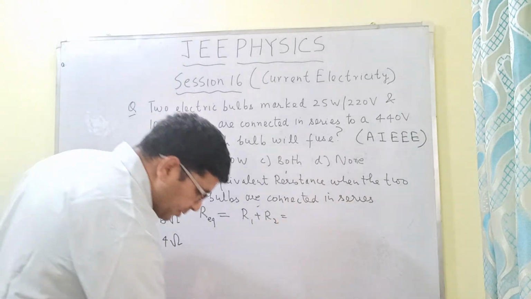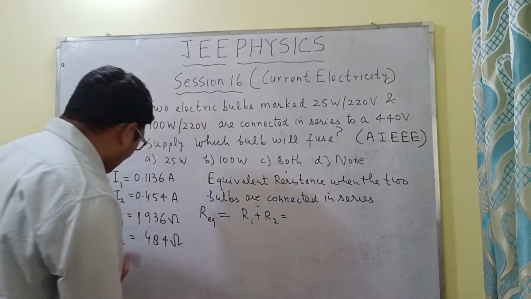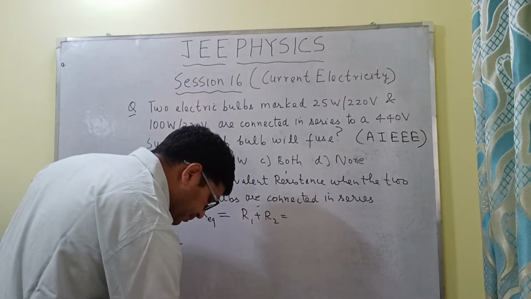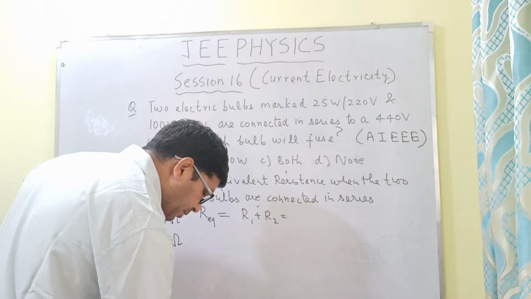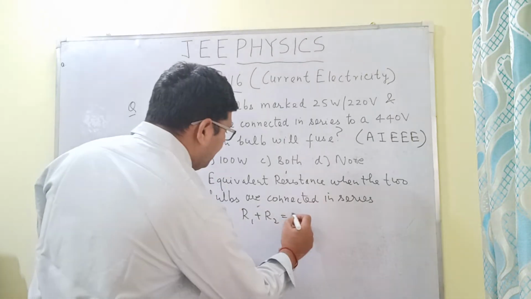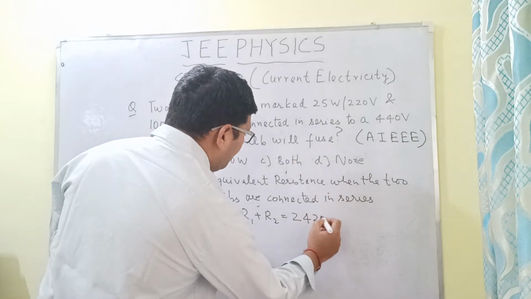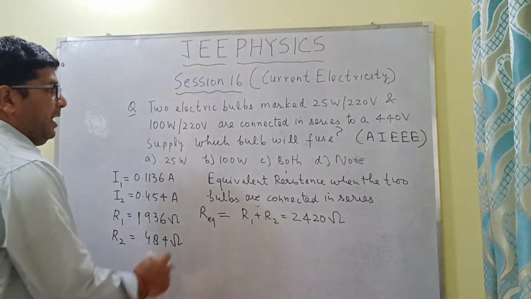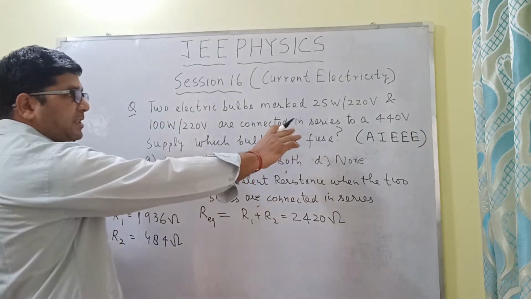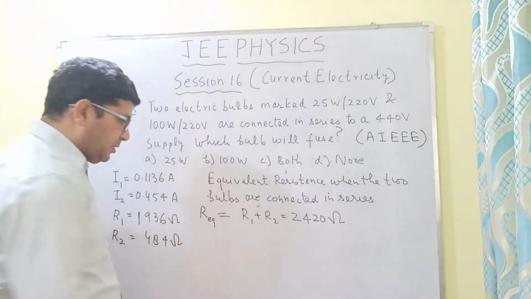So this is equal to 1936 plus 484. This is equal to 2420 ohms. ये तो इक्विवेलेंट रेजिस्टेंस हो गई इस सीरीज की, and the supply voltage is 440 volts.